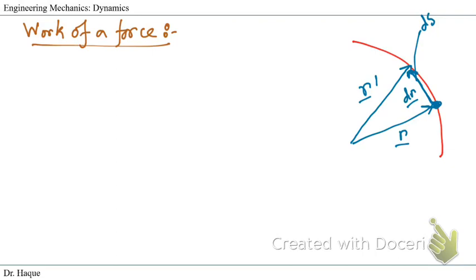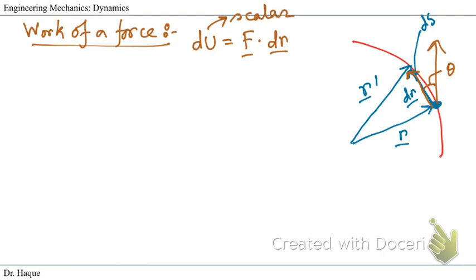And there is a force applied in any direction which makes an angle theta with the direction of the movement of the particle. Then we can say that the work can be defined as dU equals F dot product with dr. Now dU, you see I didn't put a vector, so this is a scalar. So work is a scalar.